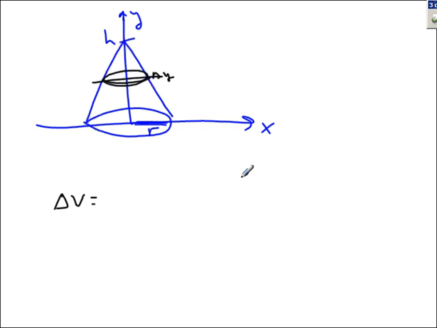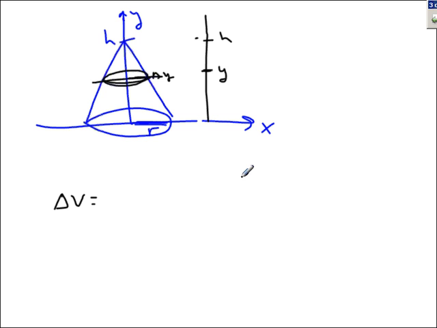Now, we need to find the radius. Well, suppose, for whatever reason, we want to put the y values here. We should put them on the y axis, but it doesn't matter. Suppose that's y, and remember that's h. What we have is a proportion.